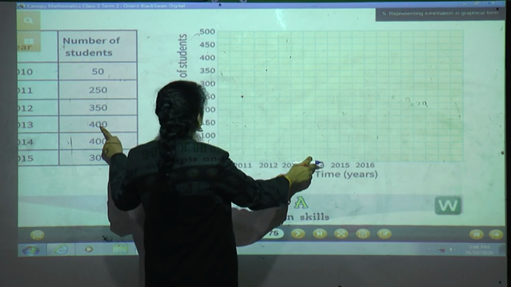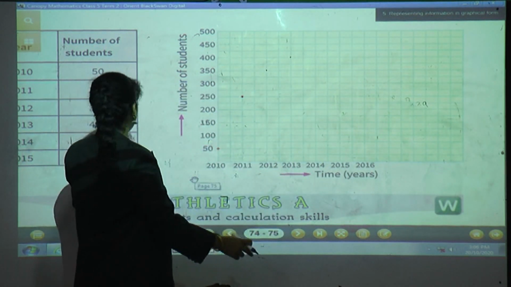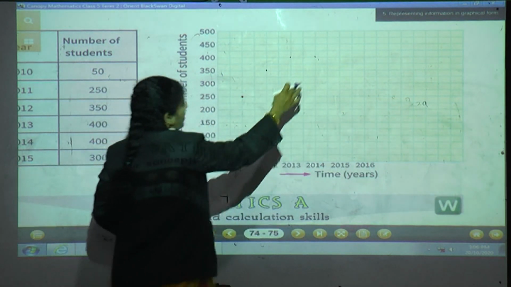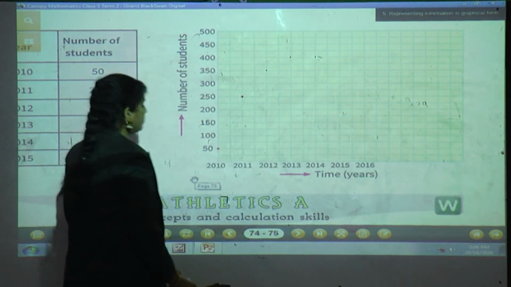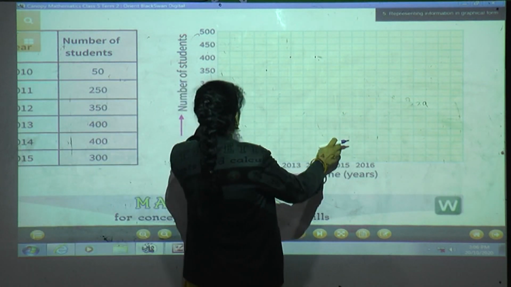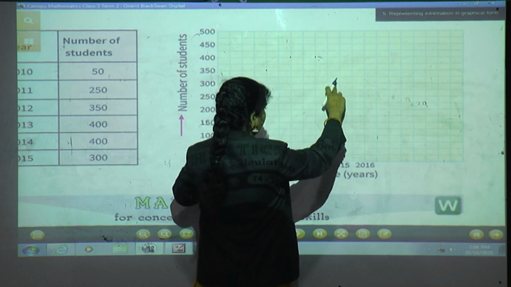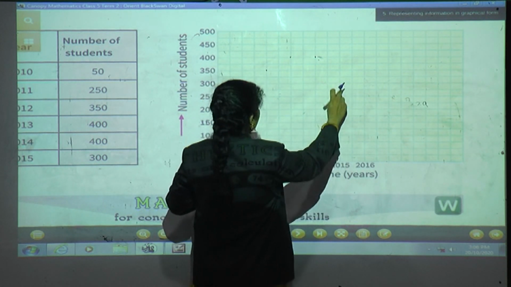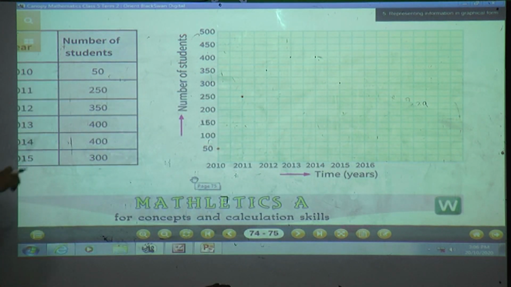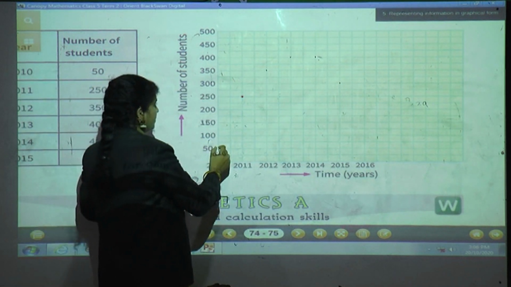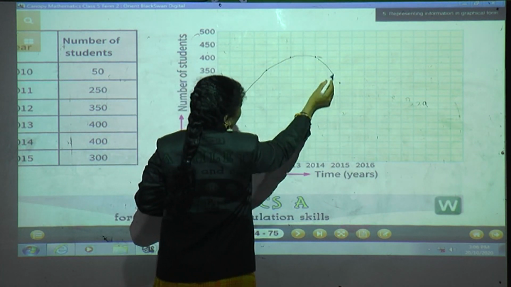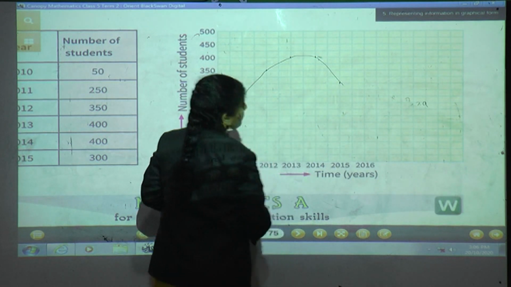And in 2014 400. 2014 also 400, same. And in 2015 300. See, you can see here 300. Okay. Now just join the dots. This is your line graph.